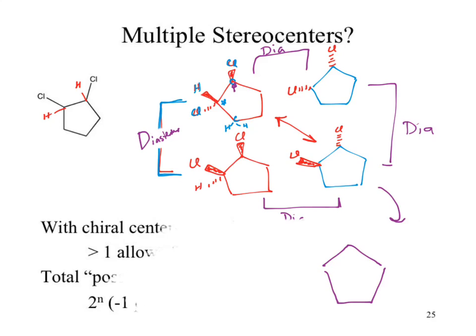As I flip it over, this chlorine should now be where? On the left or the right of the structure? The right of the structure. Because I flipped it over, is it wedged or dashed? What happened to the other chlorine? It's going to go on top, and it's going to be wedged.